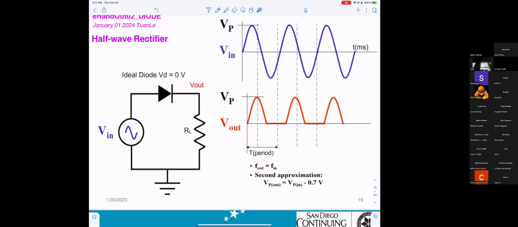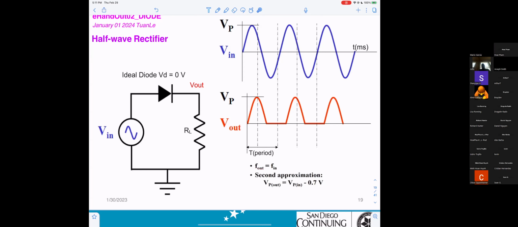On the half-wave rectifier, first thing is the input frequency and the output frequency will be the same. Okay? And also, they draw this output here without the diode voltage.